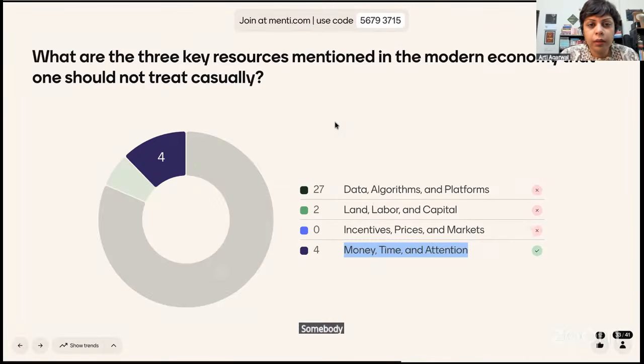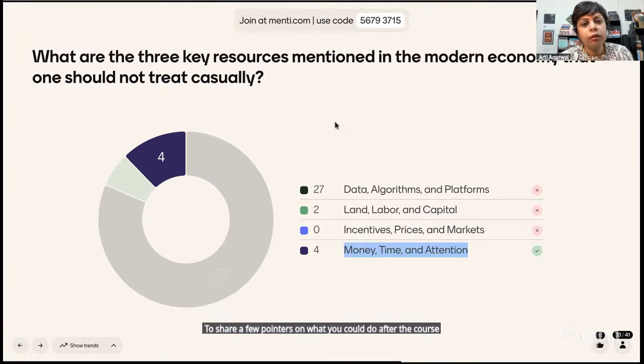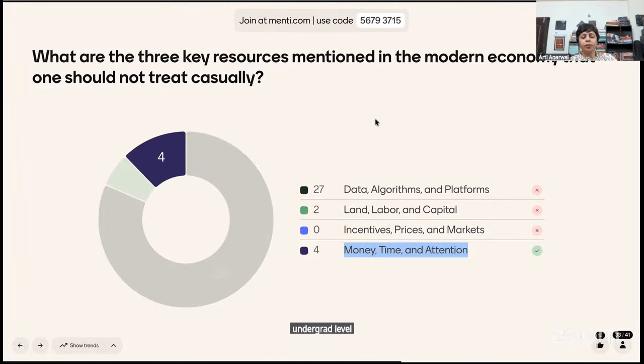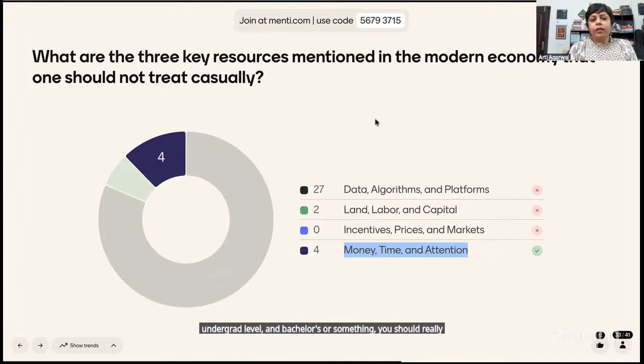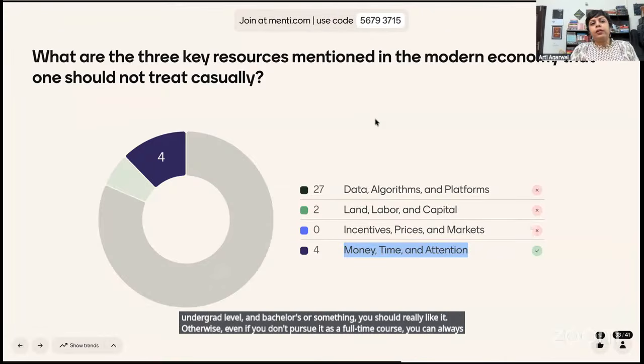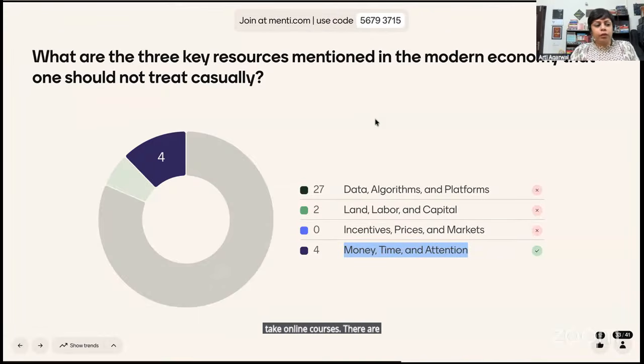Somebody else is asking to share a few pointers on what you could do after the course to build up on your learning. Well, you can study economics for one. If you like, you can study economics at the undergrad level, like a bachelor's, if you really like it. Otherwise, even if you don't pursue it as a full-time course, you can always take online courses. There are many undergrad level online courses.